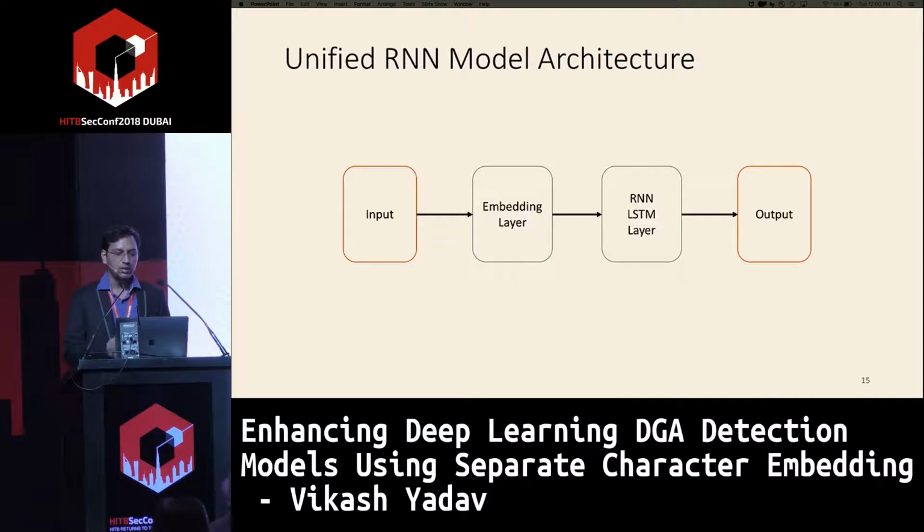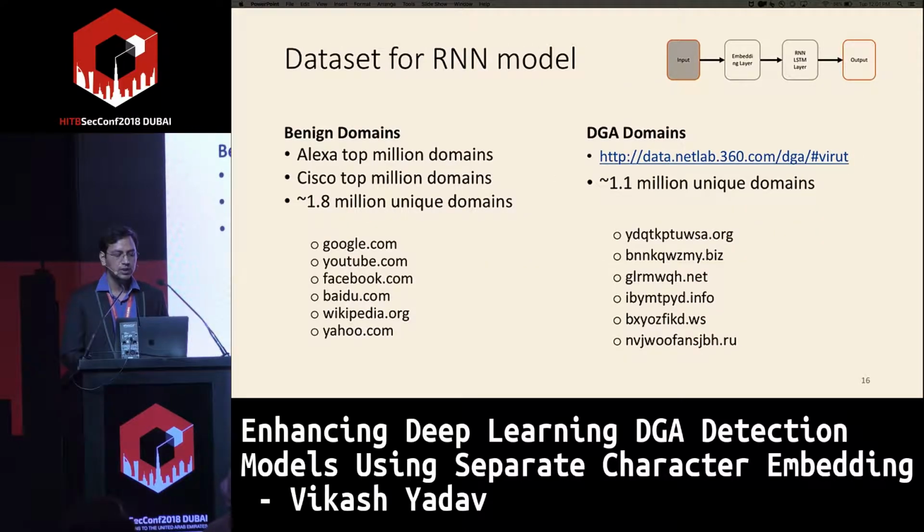A machine learning model such as an RNN requires a huge amount of data to train. You need lots of input to learn the correct parameters and features to differentiate between the two categories, good domain versus DGA domain. For that, we are using the Alexa and Cisco top million most popular domains. These are the domains that normal users frequently go to, such as Google, YouTube, Facebook.com.